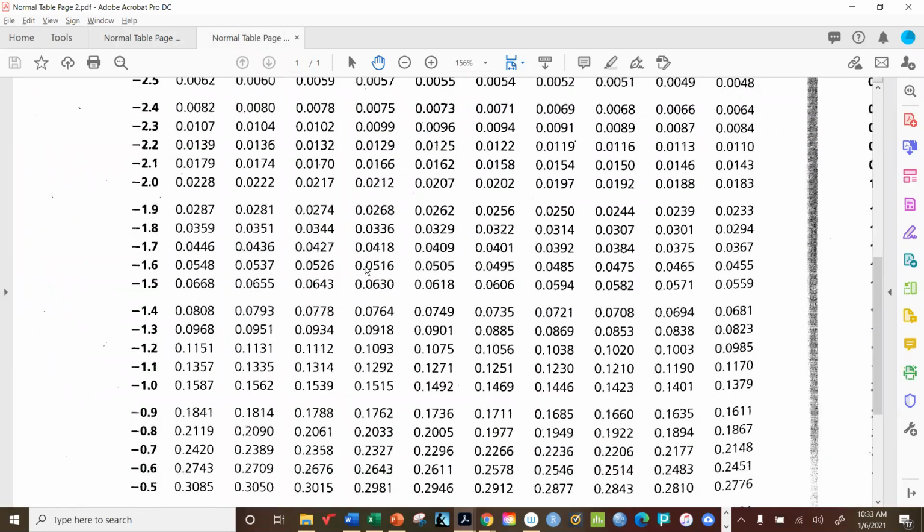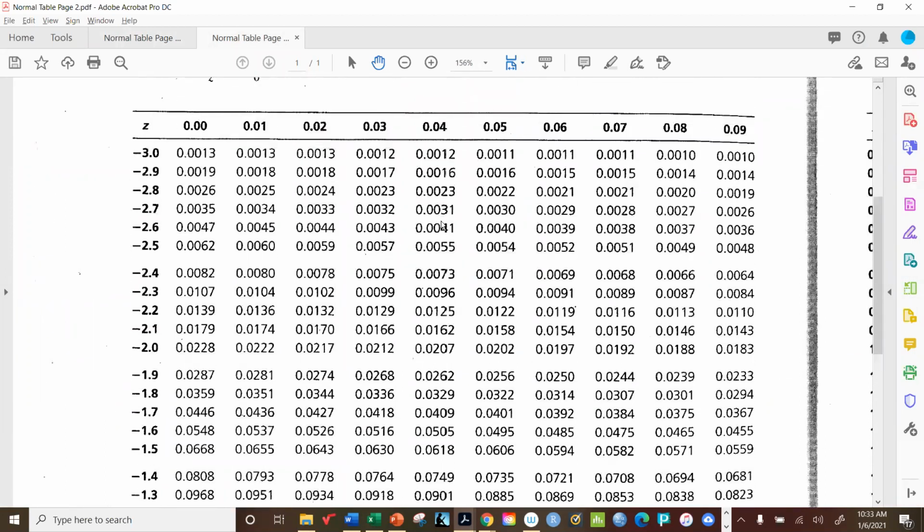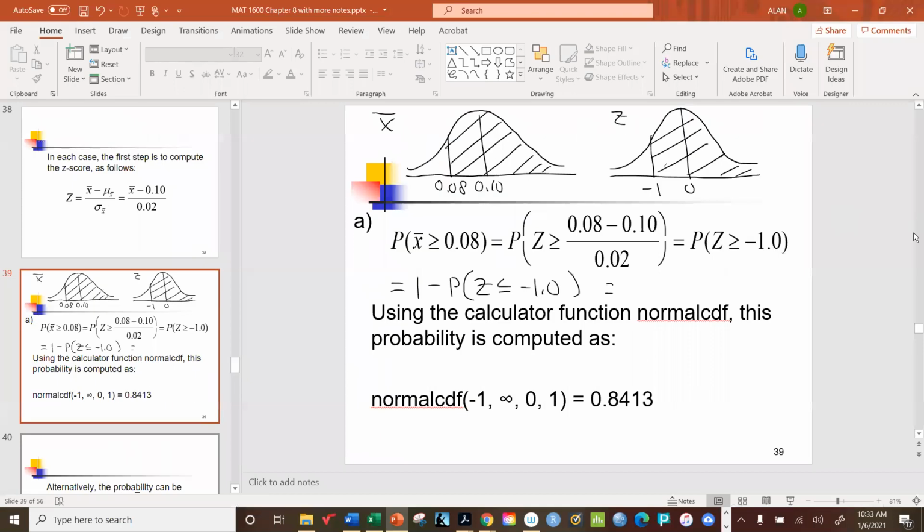This is at the intersection of negative 1.0 and 0.00 right here. And when we combine these, we get 0.1587. Okay, so in other words, this area in here is 0.1587. But that's not what we want, is it? So what's left must be 0.8413.